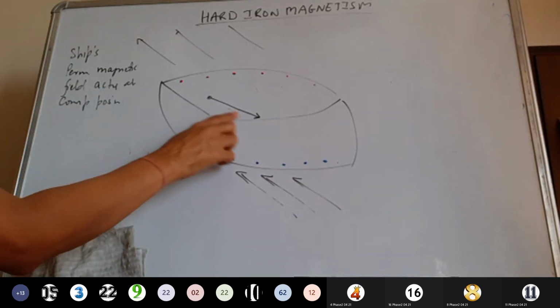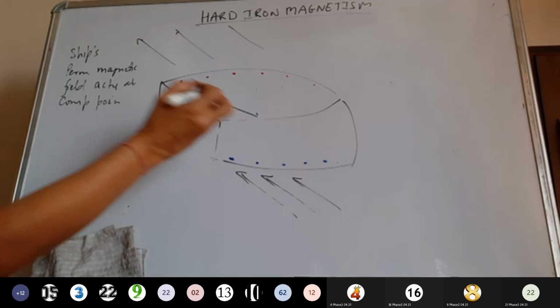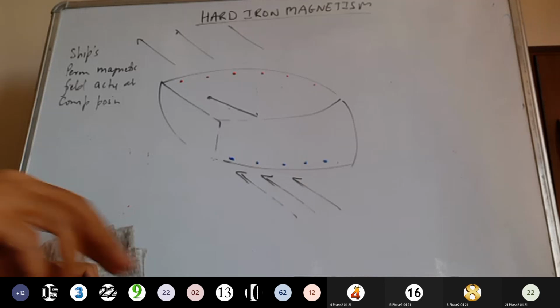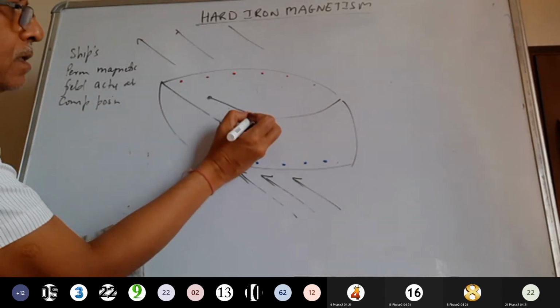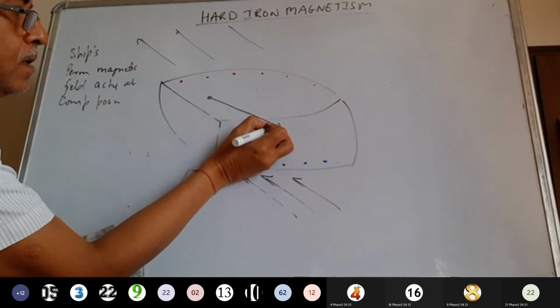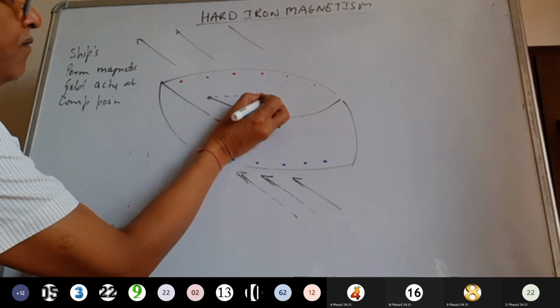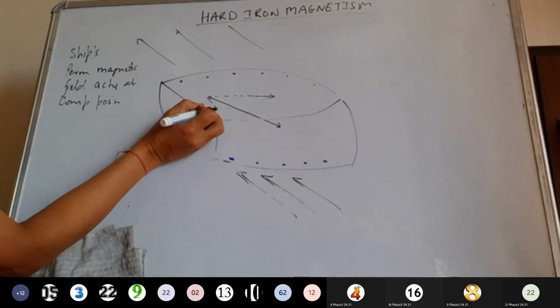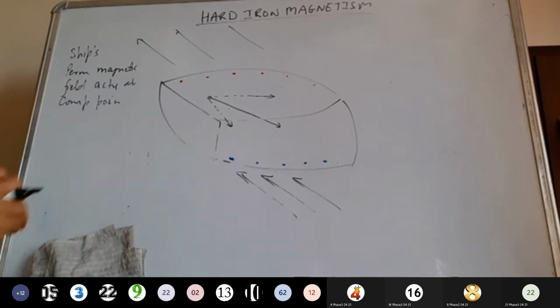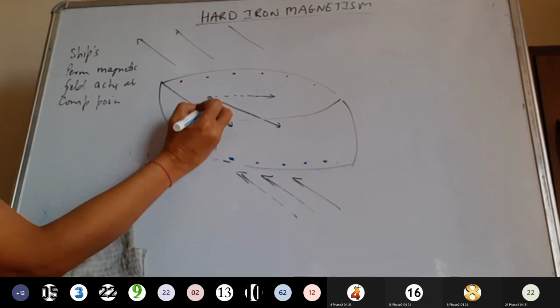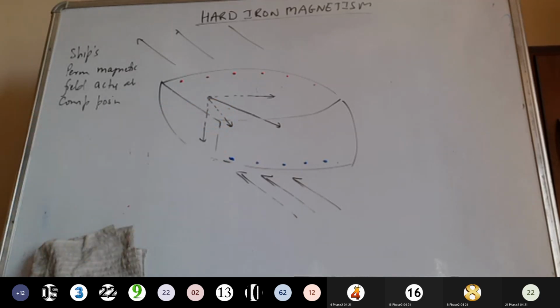So this total force acting, the total magnetic field acting at the compass position, we have resolved into 3 mutually perpendicular directions. One was this component, which is fore and aft horizontal. This is athwartship horizontal, and this is vertical component.